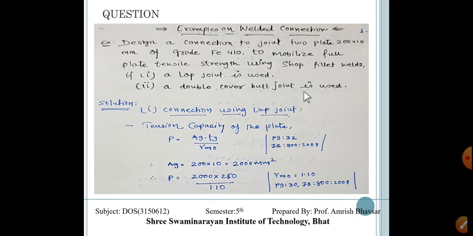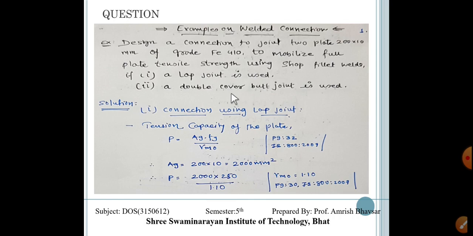In this case we have to find out the welding length for the full strength of this member in two phases. The first phase is the lap joint and the second phase is the butt joint with double cover.